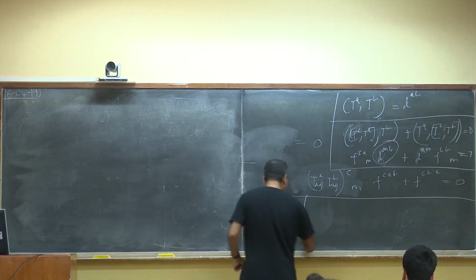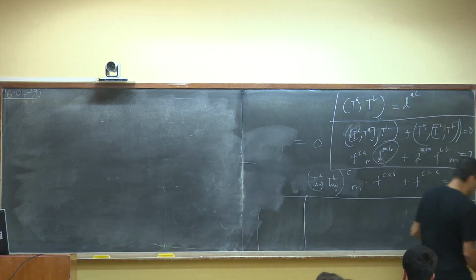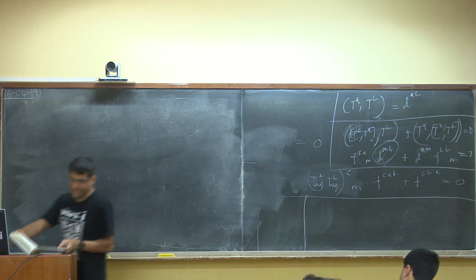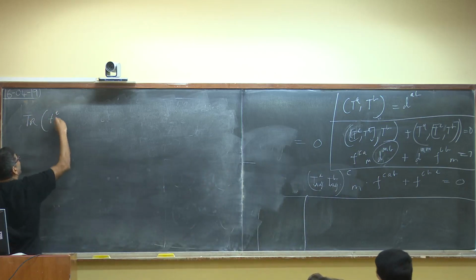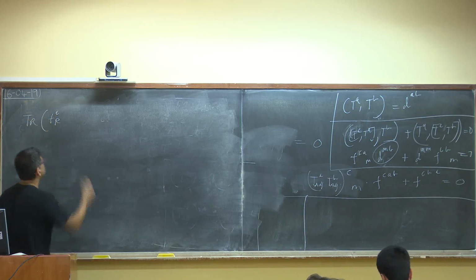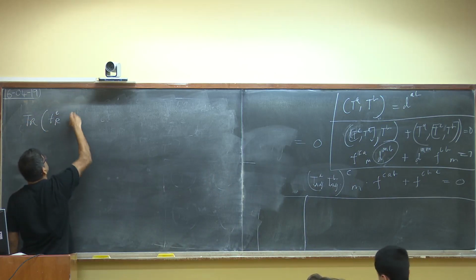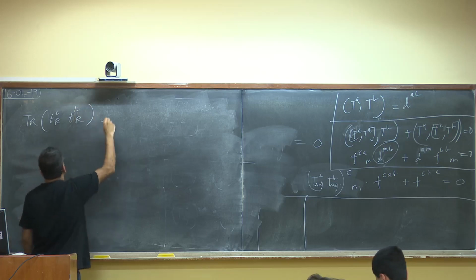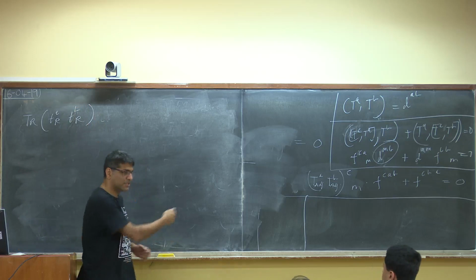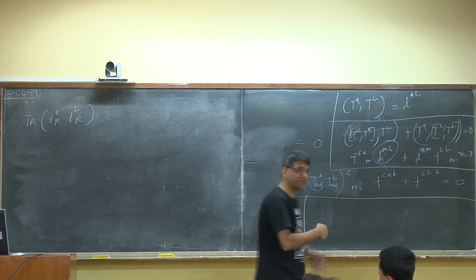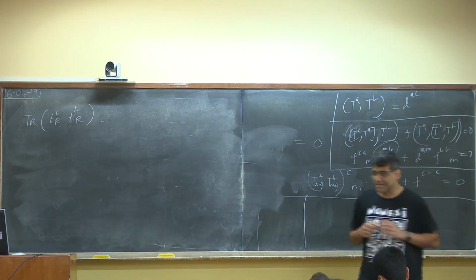So now the next thing that we want to do is to ask the following question. What can we say about the trace of T_A in some representation R times T_B in the same representation? Our algebra has many representations.